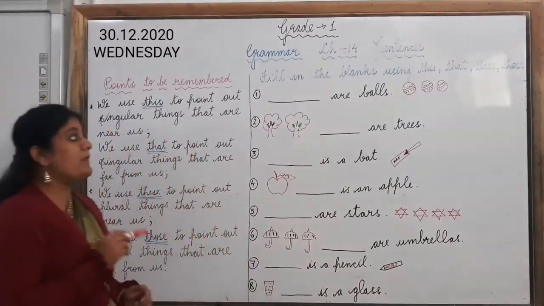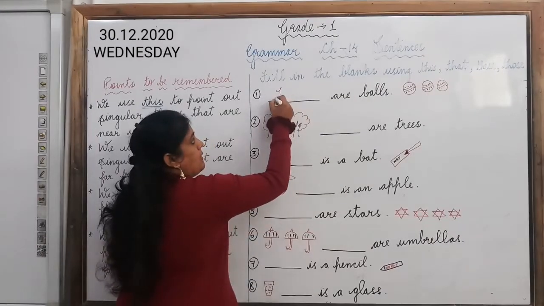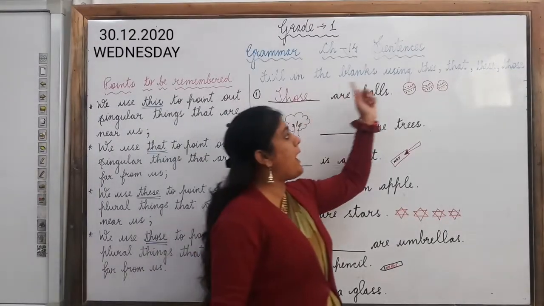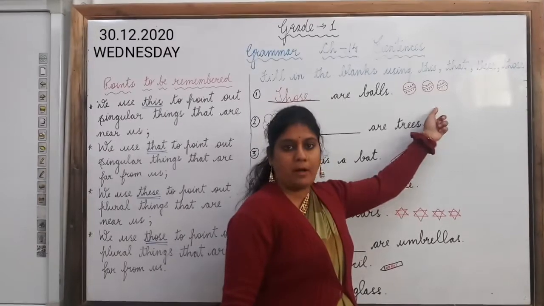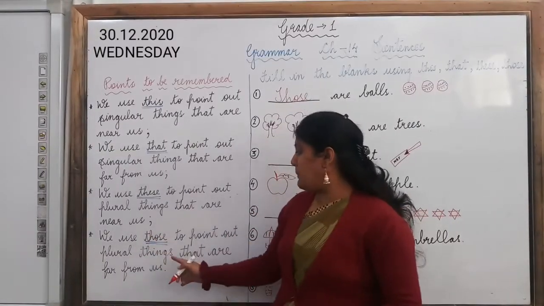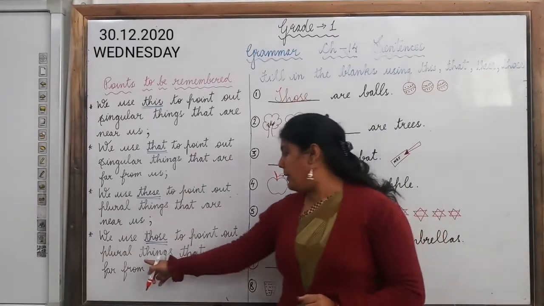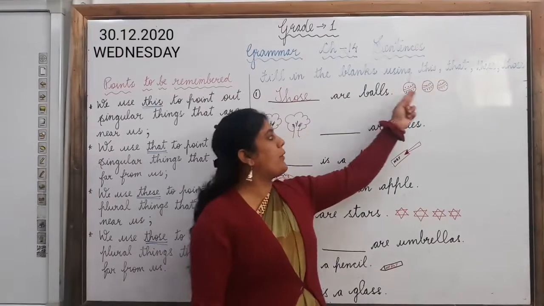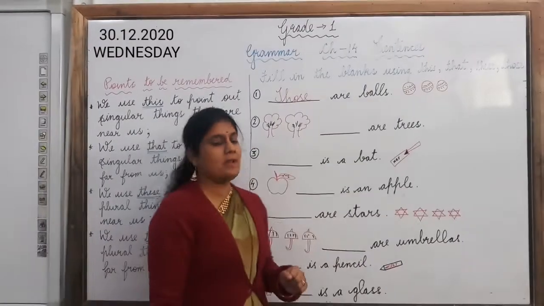So children, we will use here the word those, because the things are far from the blank and they are plural in number. So here I have explained you, we use those to point out plural things that are far from us. So balls are far from the blank. So here we will use those.